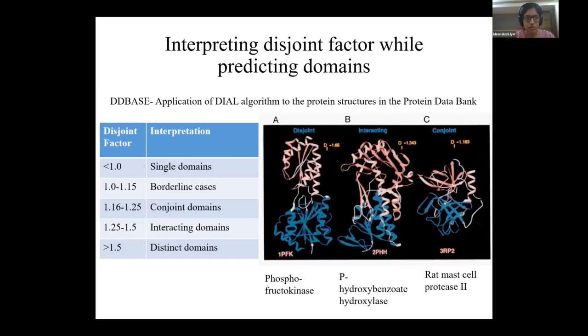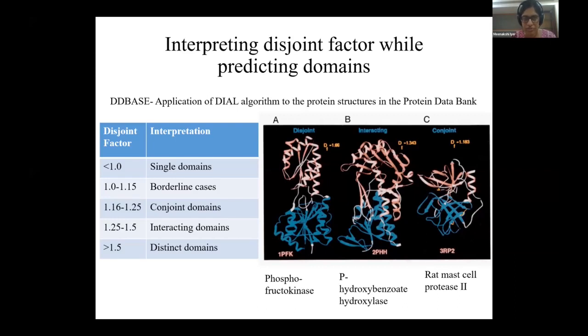So once we have this DIAL algorithm, supposing from a user's perspective, we would like to use the DIAL algorithm or the DDBase database, we need to know how to interpret these disjoint factor values for the solutions. So I'll be showing a few examples here. If the disjoint factor is less than 1 for the entire PDB structure, then it means that there is a single domain in the protein.